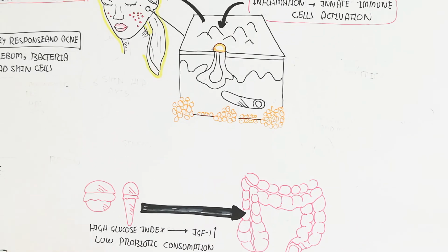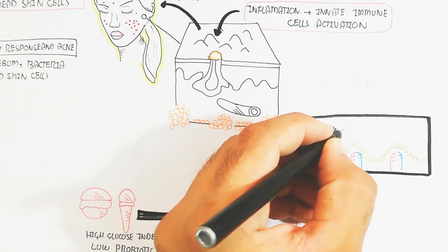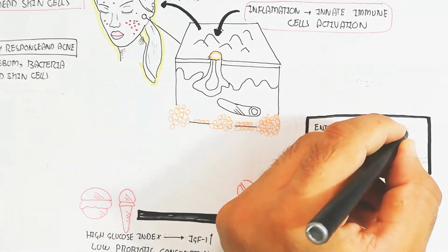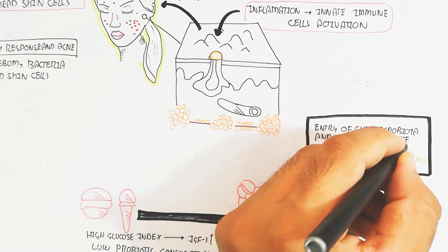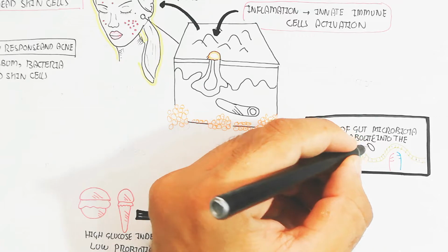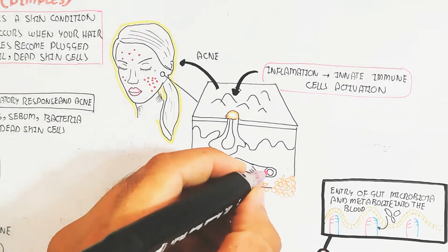This impairment of the gut barrier will lead to entry of gut microbiota into the blood circulatory system. And when the microbiota from the gut enter, the skin also contains the same microbes, in the upper part of the skin.